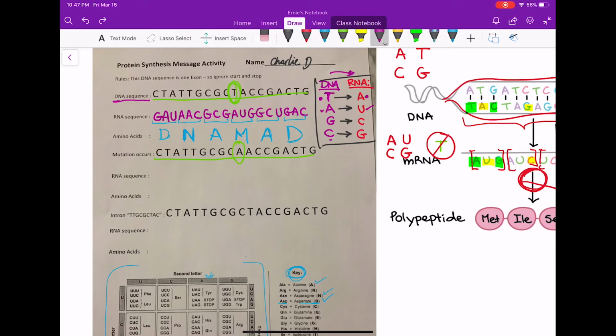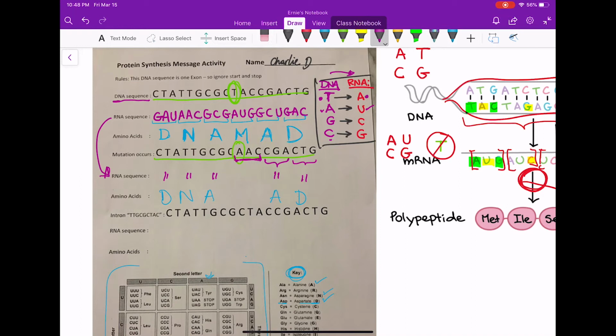Do the same process, and I'll have the same codons right here. So this will translate to the same thing, D, A, D, and we are just left off with this bit of work to do.